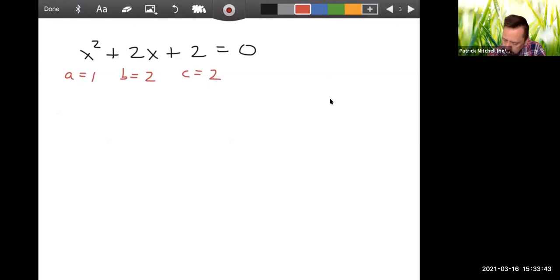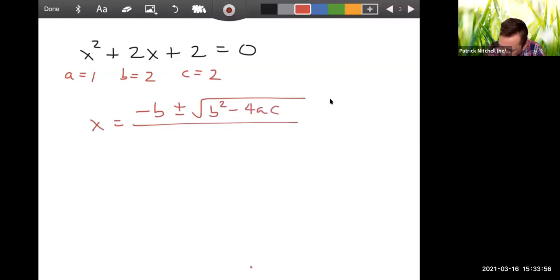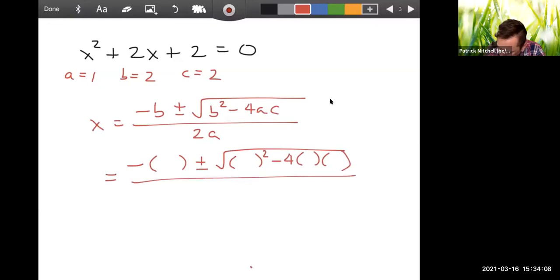So x equals negative b plus or minus the square root of b squared minus 4ac all over 2a. Now I'm going to write it with the blanks. Negative blank plus or minus square root of blank squared minus 4 blank blank all over 2 blank.